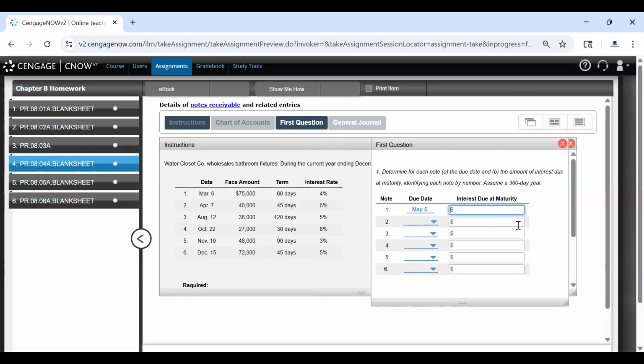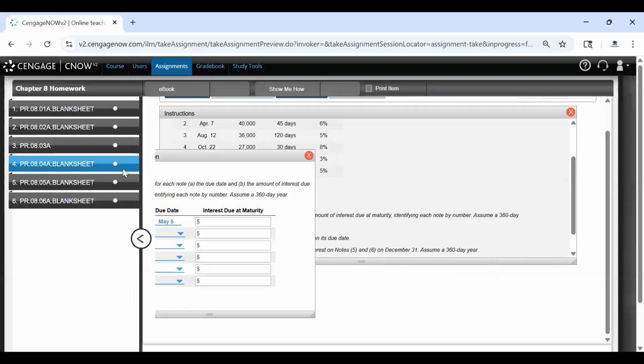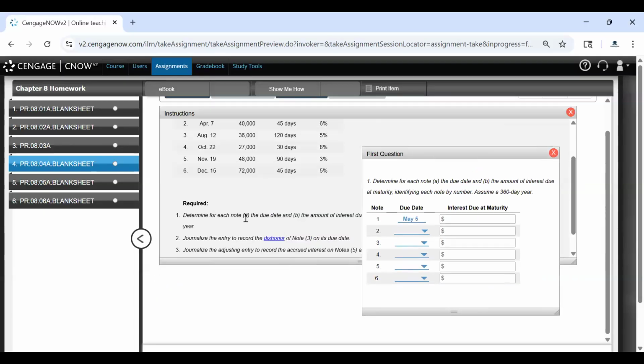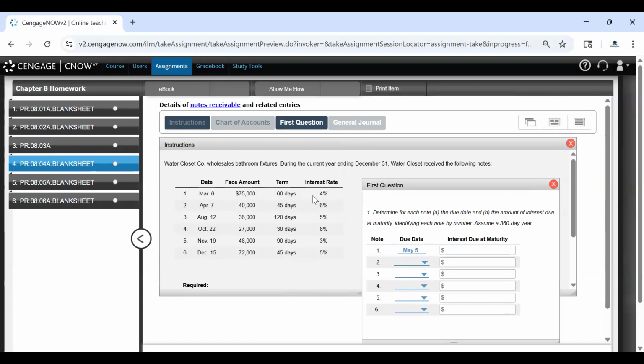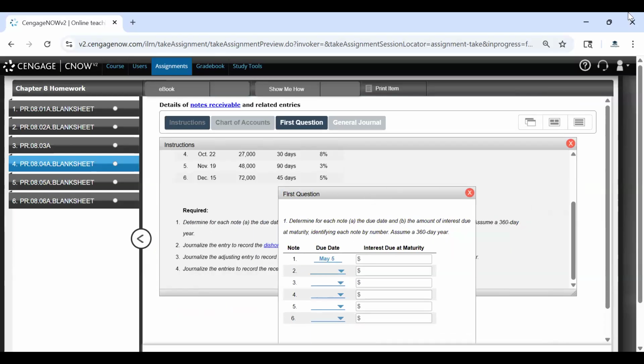And then the interest due at maturity, we have 60 days, and so we're basing this off of a 360-day year. And so we need to take 60 divided by 360. Hold on a moment here. And that's 0.1667.